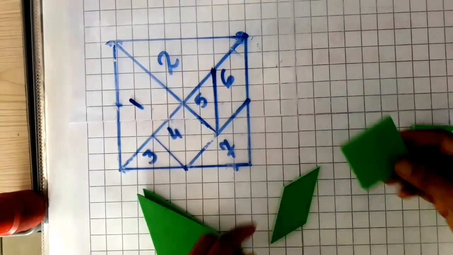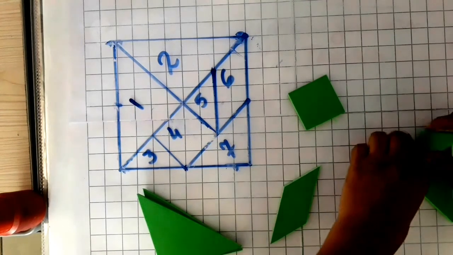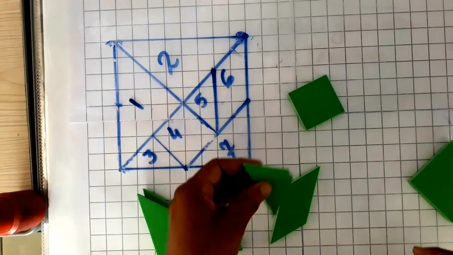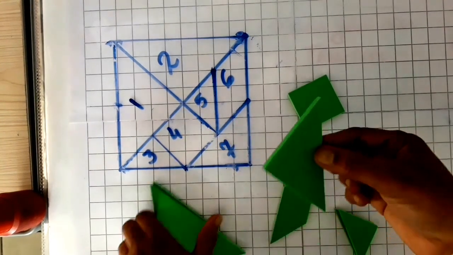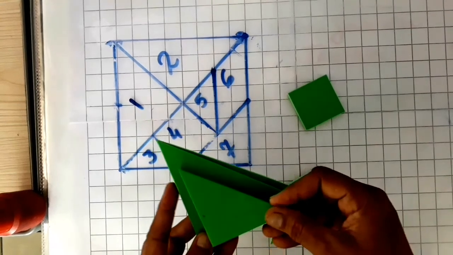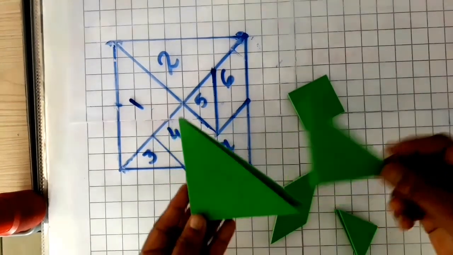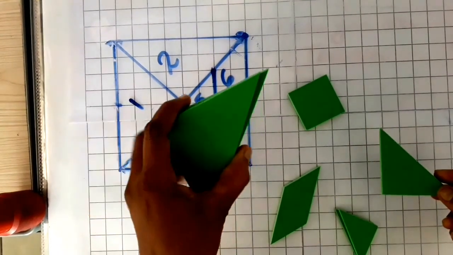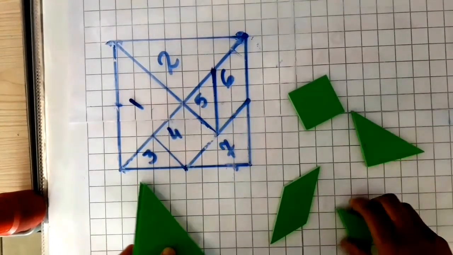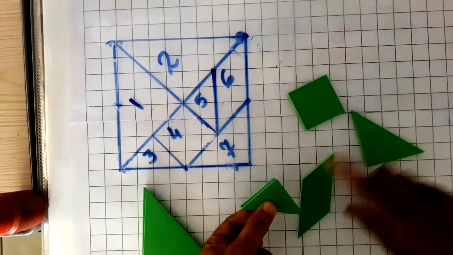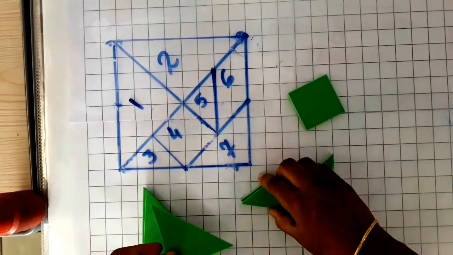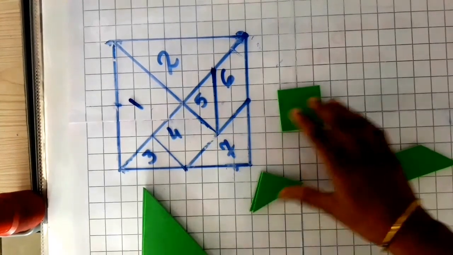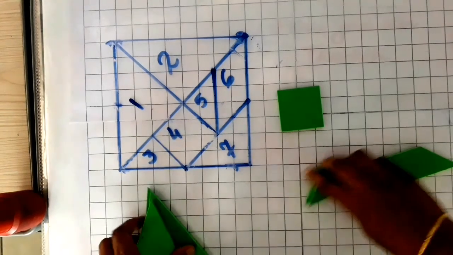Then you have one square. Then again these 2 will be congruent, that is completely equal, and this is a little smaller triangle than this one. They are all right angle triangles. So 2 congruent bigger triangles, then 2 congruent smaller triangles, and one is the middle one. This is a square and this is a parallelogram. Okay, so this type of shapes you will have.